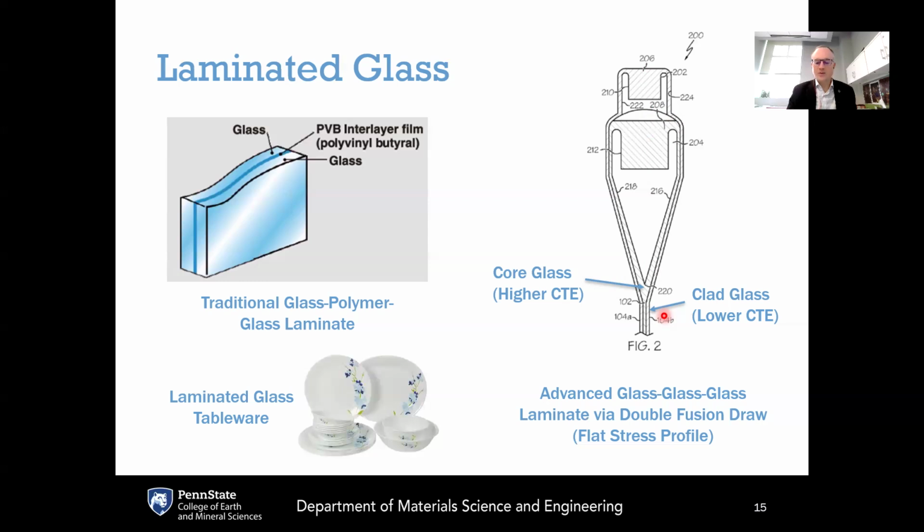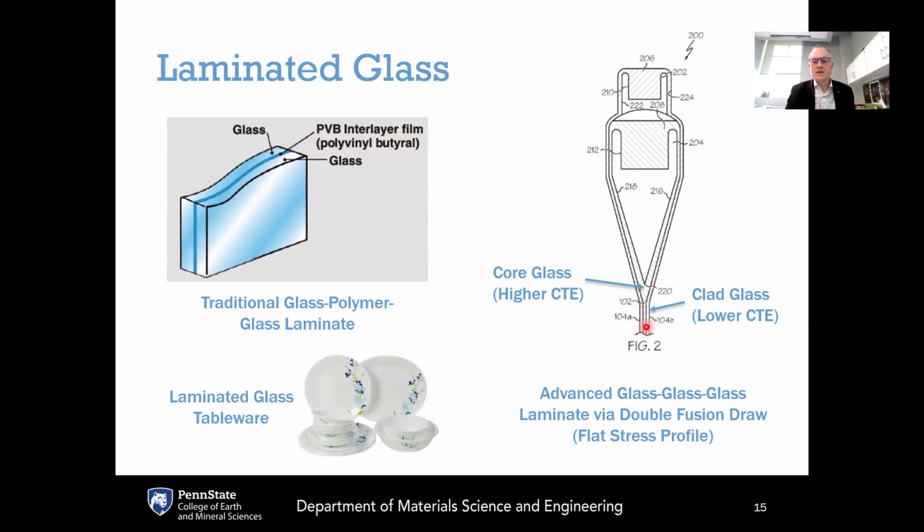So without any thermal tempering necessary, without any ion exchange necessary, just because of the differential strains resulting from the two different CTEs upon cooling, the cladding layer will get pulled into compression, and the thickness of that compressive stress layer is exactly equal to the thickness of the clad glass layer.